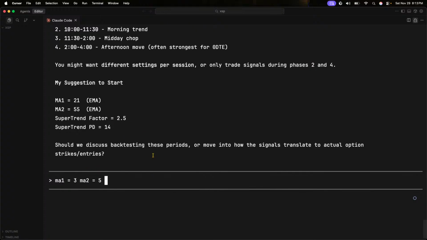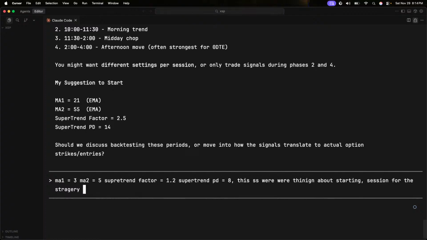Then the super trend factor, let's start a little bit more aggressive, and for the super trend period equals, let's do 8.